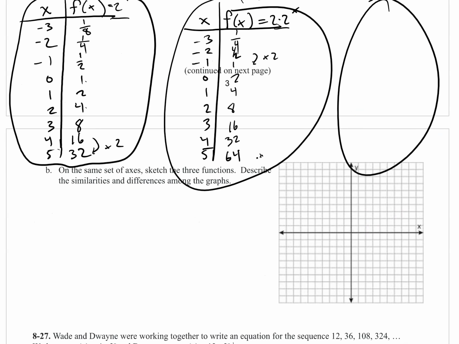Okay, for part B, we're going to sketch the 3 graphs. So starting at 0, 2 to the power x. Do this one in red. So 0, 1, 1, 2, 2, 4, 3, 8.